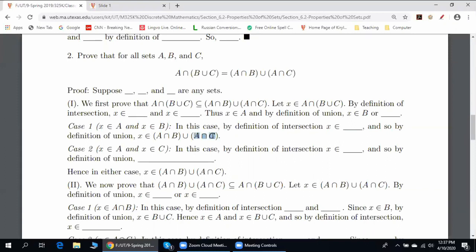We don't have to put here A intersection C. We can put here any set. Okay, you see it? And then at the end of the proof, you say hence in either case, X is in A intersection B union A intersection C. Since in case one we conclude this, and in case two we conclude absolutely the same thing. So in that case, you're saying case one or case two. Yes. Okay, gotcha. Other questions?